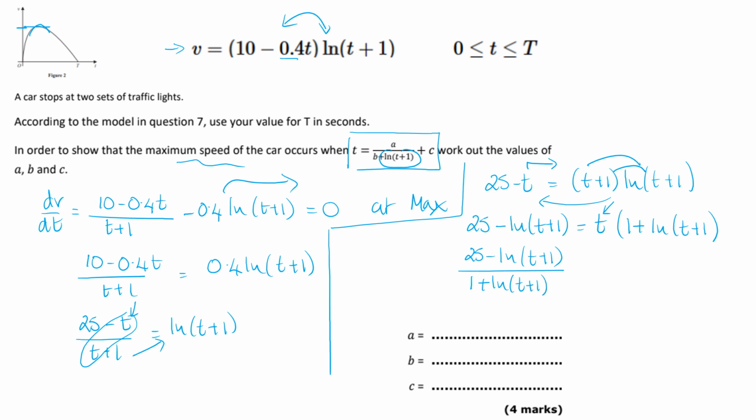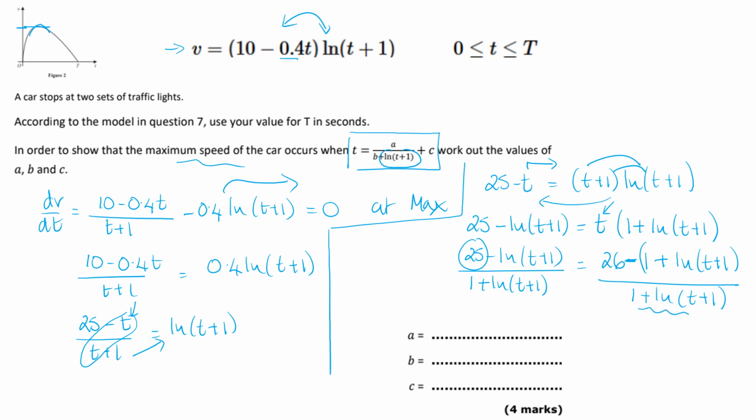Now, what I can do is make this 25 a 26 minus 1, put brackets there and say that's plus the ln of t plus 1. So when that minus goes in, it'll give me a minus 1, which will make the 26 into 25, but it will also make that term minus, all over the 1 plus the ln of t plus 1.